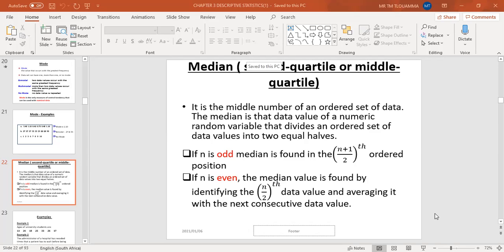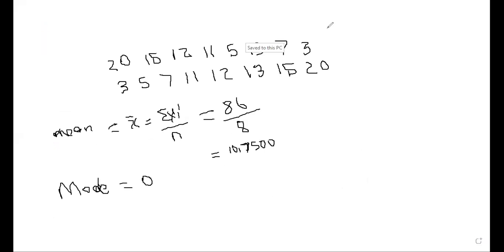so now we're going to use our data set again for the median. So now we are on the median. Firstly, we need to check our position, right? We need to identify whether our n is even or odd. So according to what we have, is our data set even or odd?